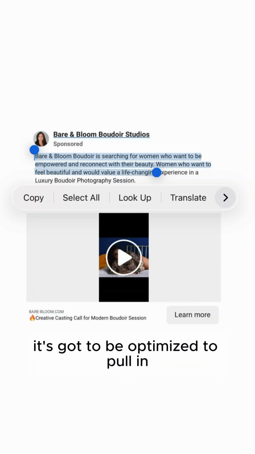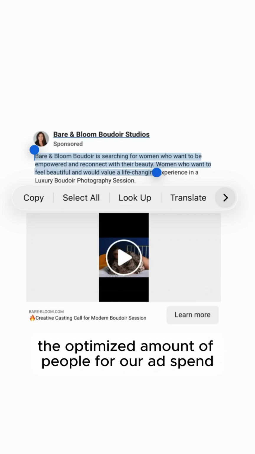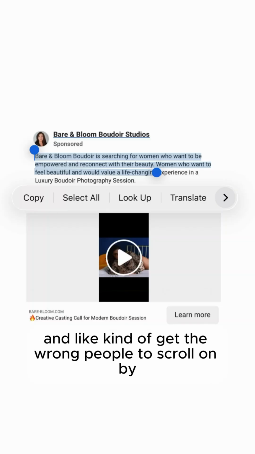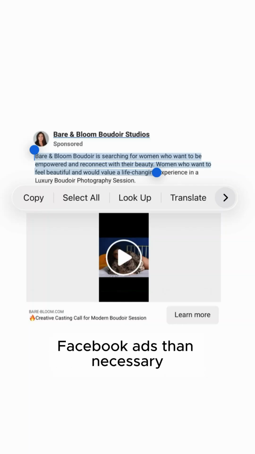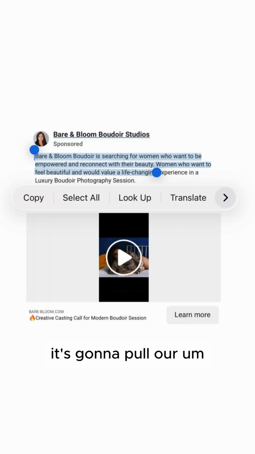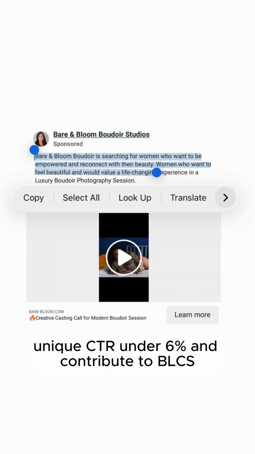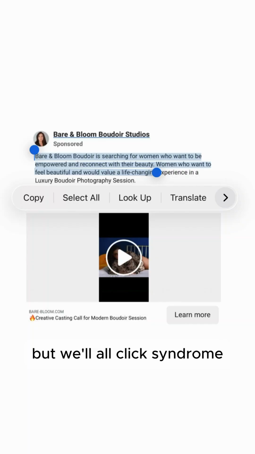It's got to be optimized to pull in the optimized amount of people for our ad spend and get the wrong people to scroll on by. So, consequence of this, way more people are going to be scrolling by our Boudoir Facebook ads than necessary. It's going to pull our unique CTRL under 6% and contribute to BLCS, Boudoir low click syndrome.